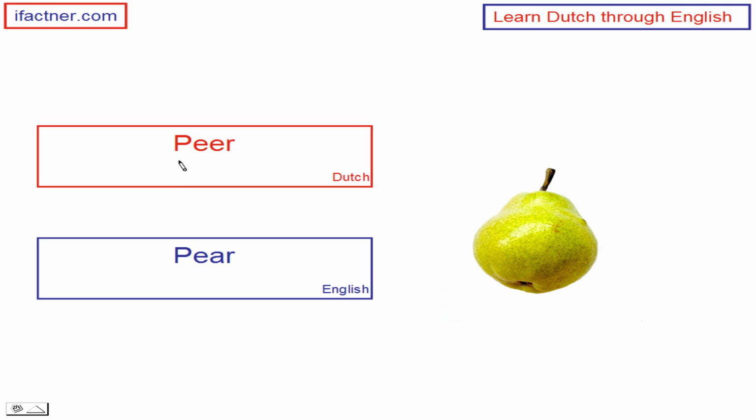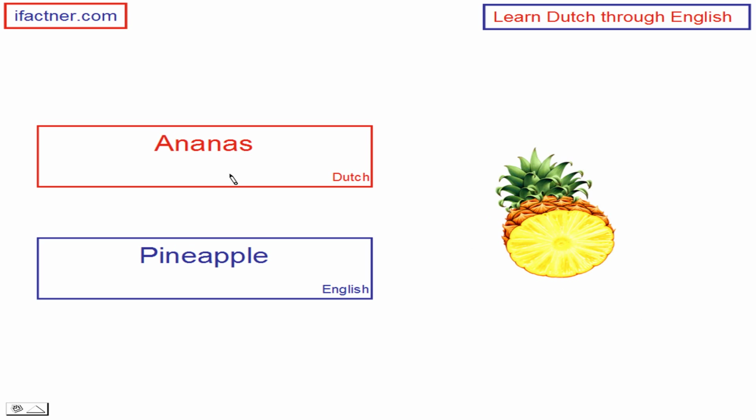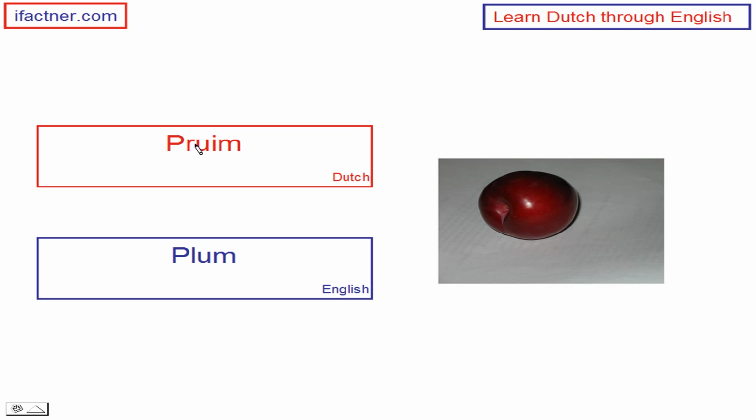Pear is peer. P-E-E-R, peer. Pineapple, ananas. A-N-A-N-A-S, ananas. Plum is pruim. P-R-U-I-M, pruim.